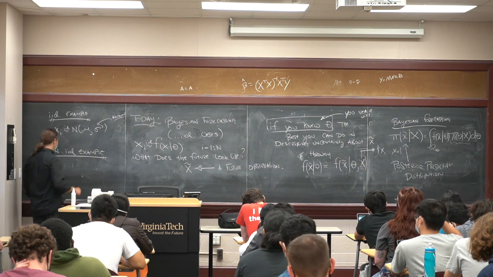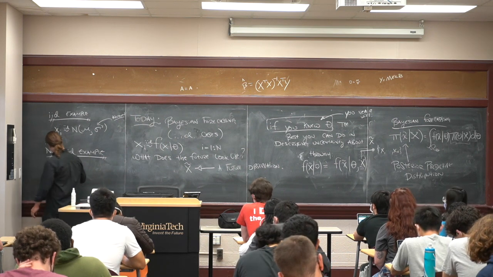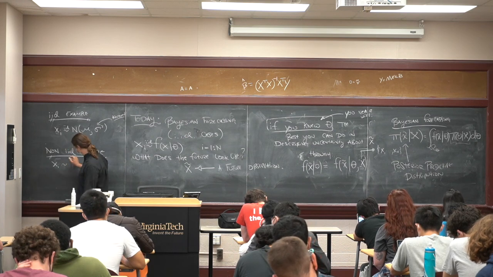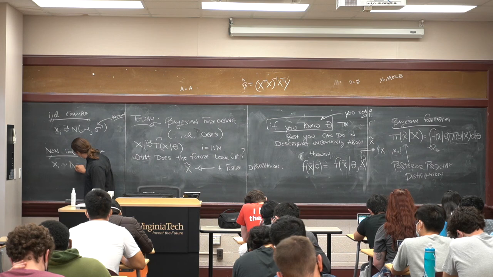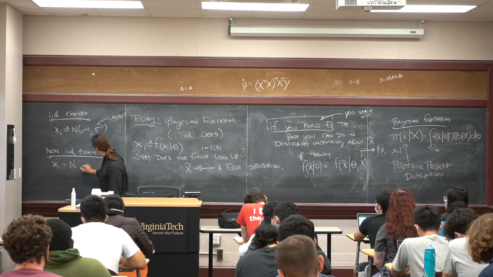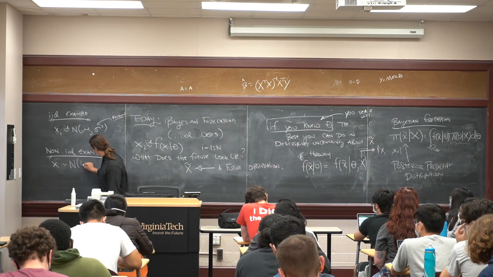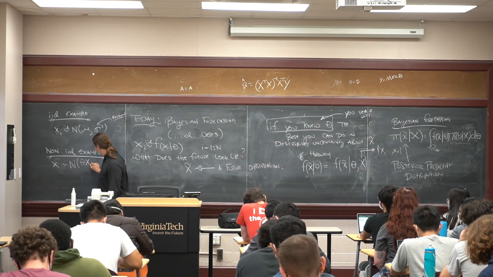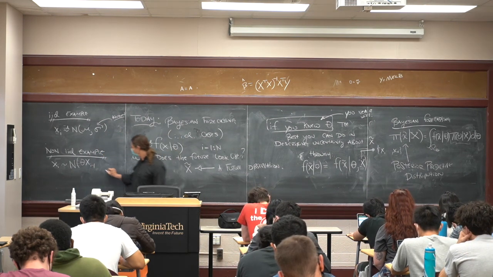Non-IID example. Let's do this. I'm going to say xi is distributed, that's a new word, is distributed normally, and it's going to depend on maybe the past, like last time. So I'm going to just write down theta, and it's going to have something to do with my previous observation.